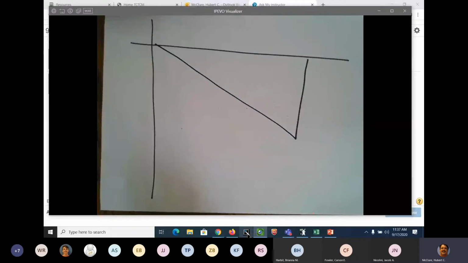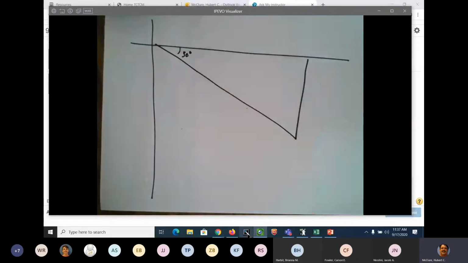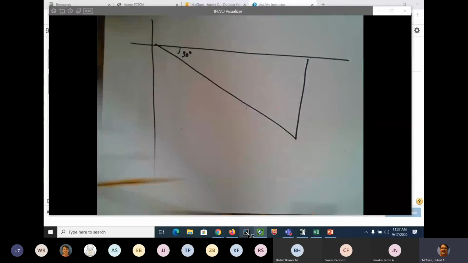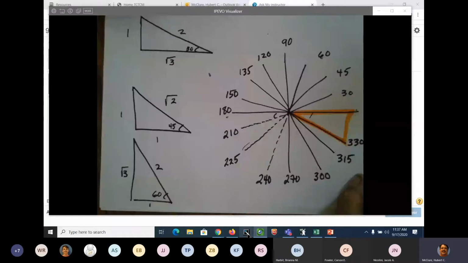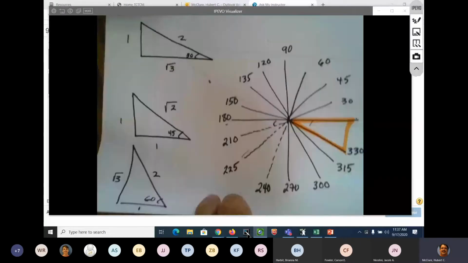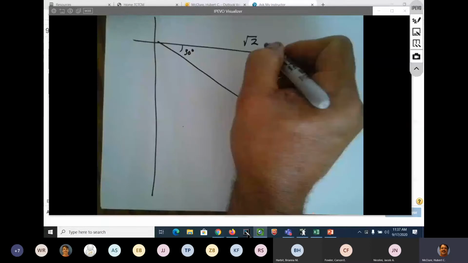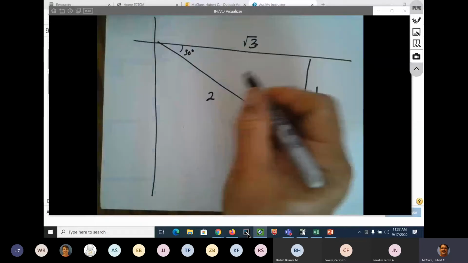Now, we all know that the 30-degree angle has a base of square root of 3, it has an opposite of 1, and a hypotenuse of 2. So this is 1, this is the square root of 3, and this is 2.